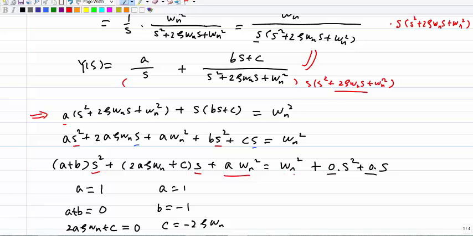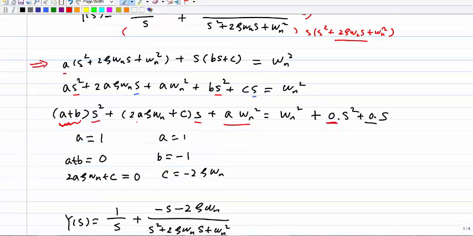You can also consider the right hand side as wn squared plus 0 times s squared plus 0 times s. So we set those coefficients to be equal. For s squared, the coefficient on the left hand side is A plus B, and the right hand side is 0, so A plus B equals 0.